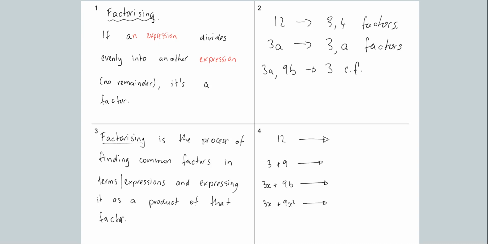I'll just put C.F there for common factor of both 3a and 9b. If I have x and 2x squared, then I can say that x is a common factor because 2x squared means 2 multiplied by x multiplied by x. So there's an x there and there's an x there, so it's a common factor. So that's how we talk about factors. And you can have more complicated expressions of factors as well, and I'll talk about that in a second.